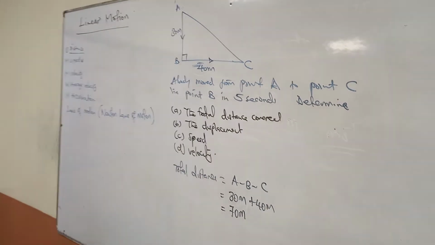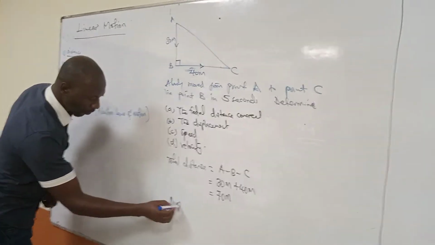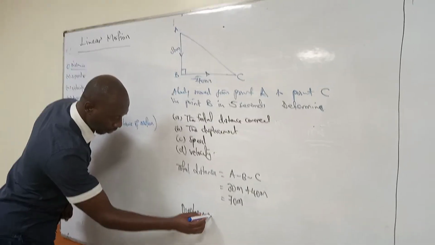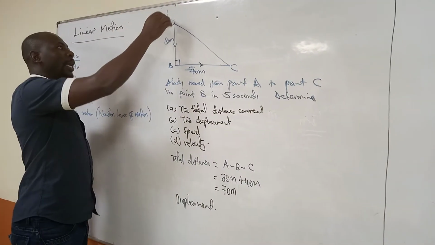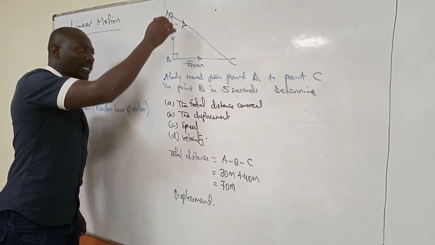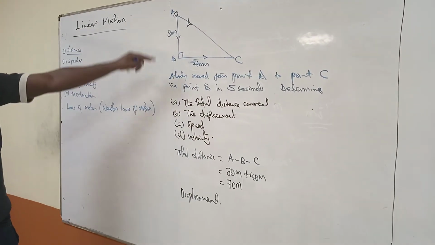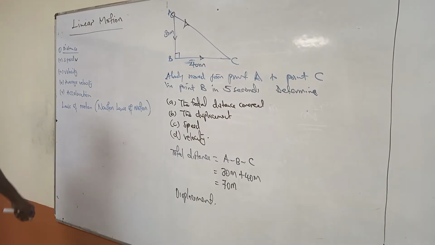Then the displacement. The displacement is actually that you start at point A, then you move to C towards a specific direction. So the displacement shall actually be the hypotenuse. So how do you get the displacement?